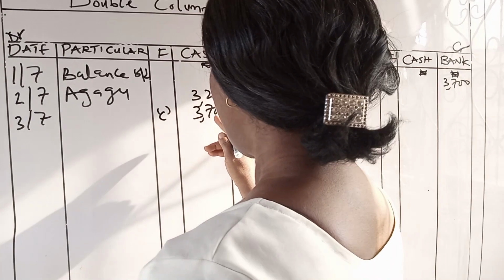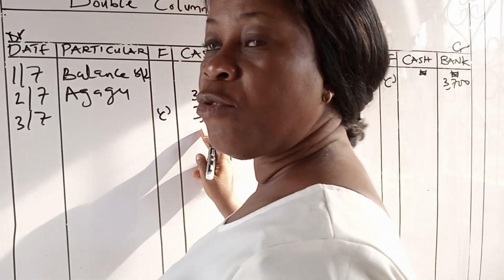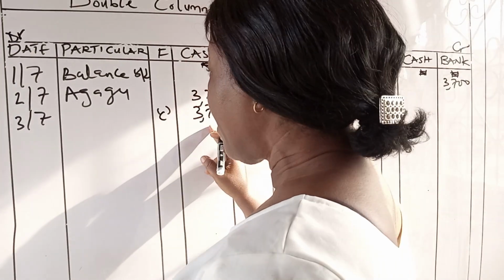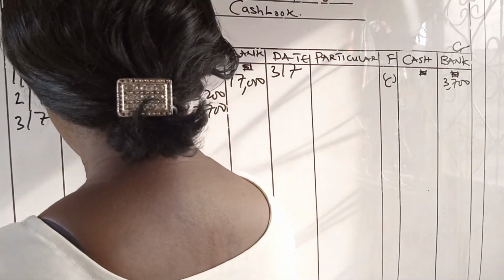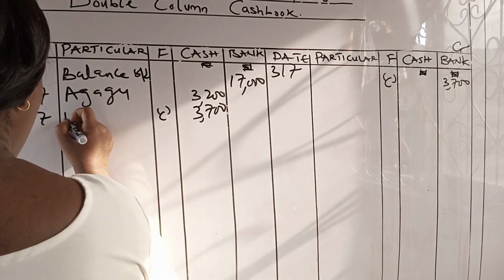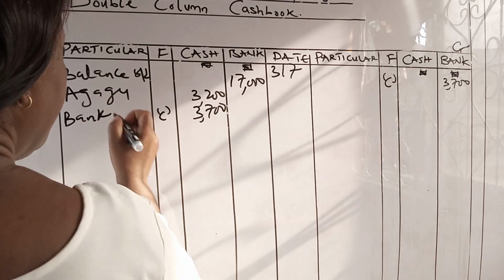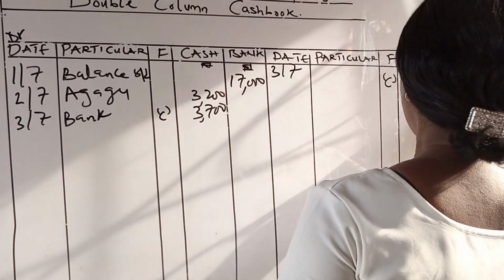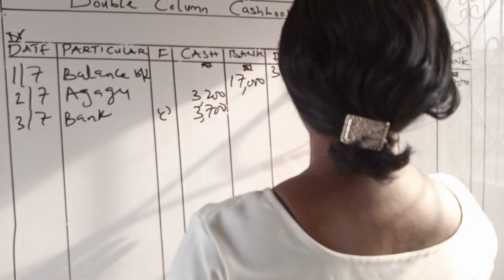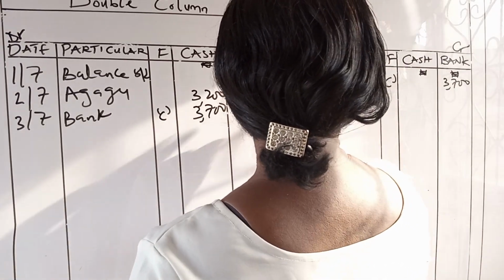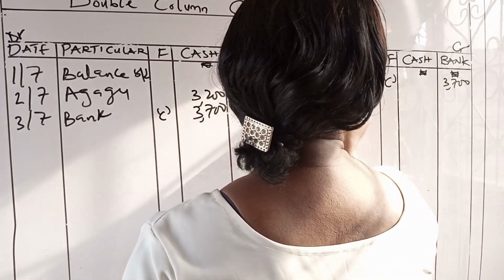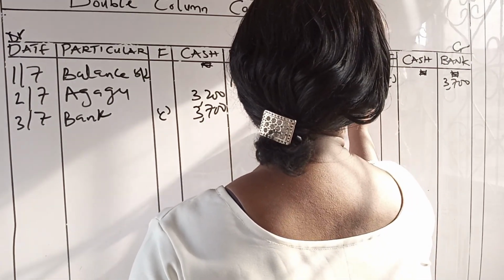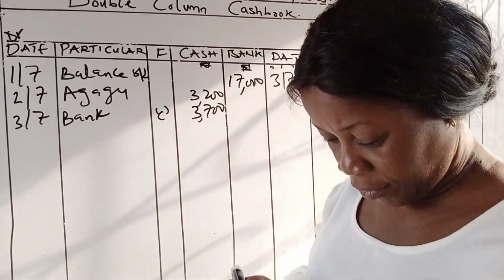Then the increase in cash was as a result of the money removed from bank. So in the particulars column, we write bank on the debit side. Then the decrease in bank balance was as a result of the money paid into the office. So in the particulars column, we write cash.